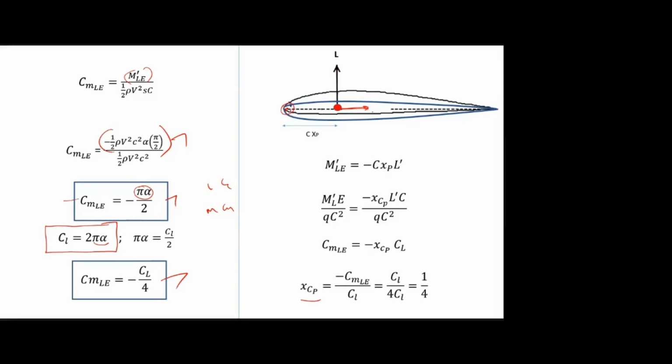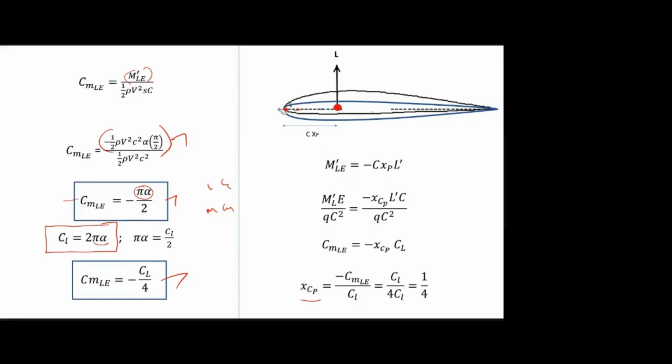Only lift will induce the moment about the leading edge, and the drag we are not taking in this calculation. We simplify like that. So we are finding the moment about the leading edge, which is minus L' into c XCP. Normally we will tell only x, but here in terms of chord we are telling c XCP.